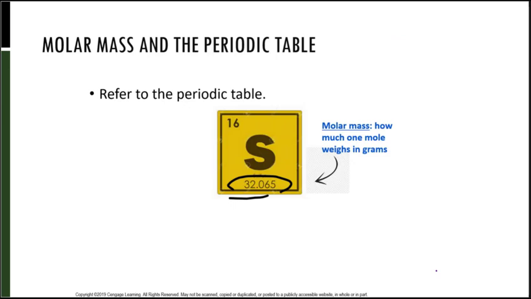And to do that, we just refer to the periodic table. The molar mass is how much 1 mole weighs in grams. So look at the periodic table. Get that in front of you if you don't have it in front of you. 1 mole of sulfur weighs 32.065 grams of sulfur. 1 mole of, let's look at magnesium, is 24.305 grams.